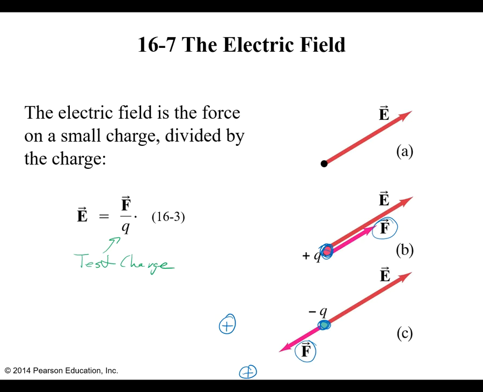Well, in the first case, the electric field is going to be force divided by some positive charge q. Since we're dividing by a positive number, that means the electric field is in the same direction. But down here, you have an electric field equaling some force divided by a negative q, which means the force and the electric field are in opposite directions, as you can see drawn here in the figure.